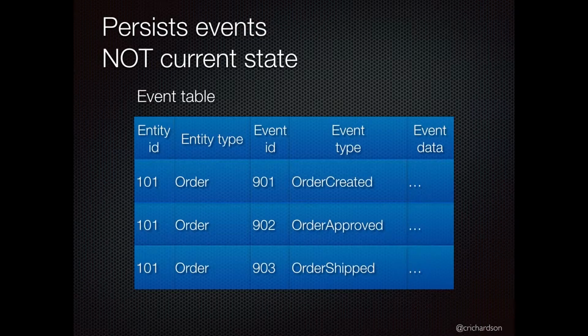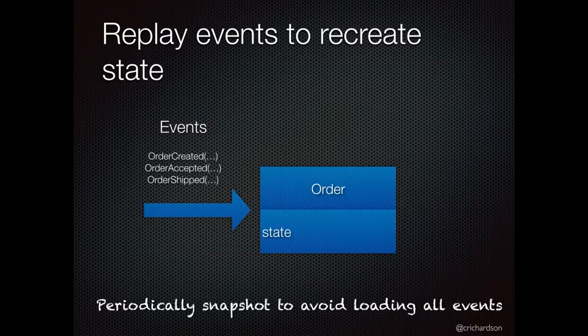But of course, in order to write any business logic, we tend to need the current state of a business entity, but we actually recreate the current state by replaying events. So we'd load all of the order's events and just replay them, reconstruct the current state.